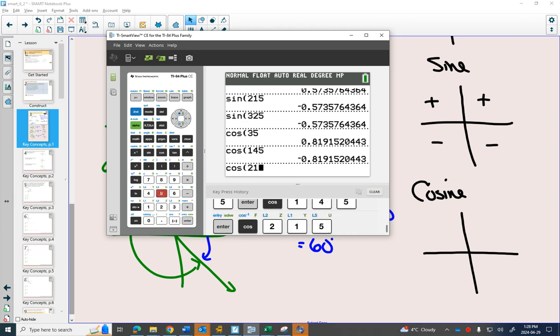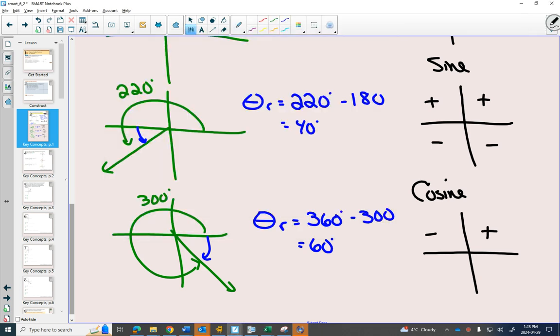Cosine of 215 degrees, negative. And cosine of 325. So notice the numbers stayed the same again, because they all had the same reference angle. But for cosine, it was positive here, negative here, positive there.